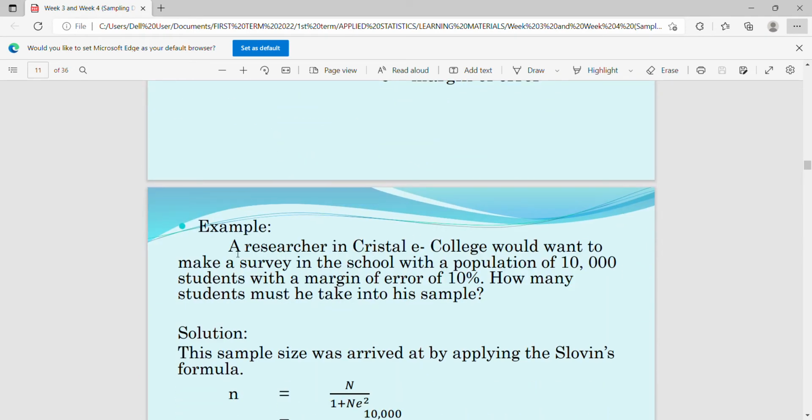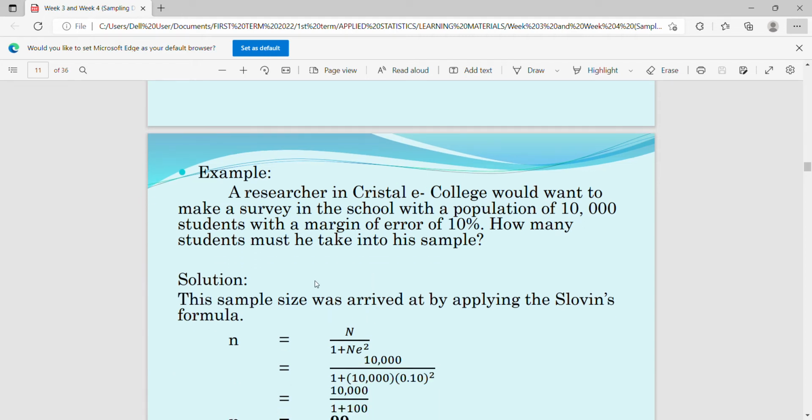Okay, example number one: a researcher in Berkeley College wants to make a survey in the school with a population of 10,000 students with a margin of error of 10%. How many students must he take into his sample? In solving a problem, we need to determine what is being asked and what are the given.